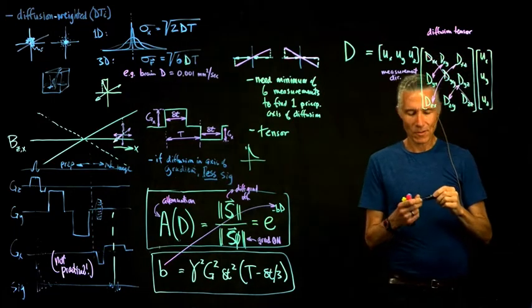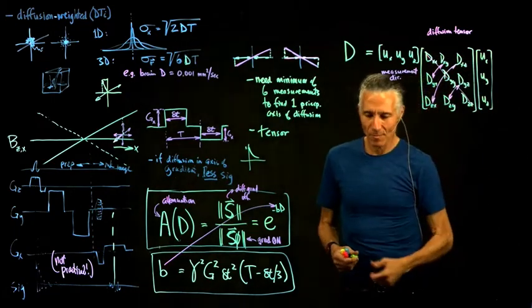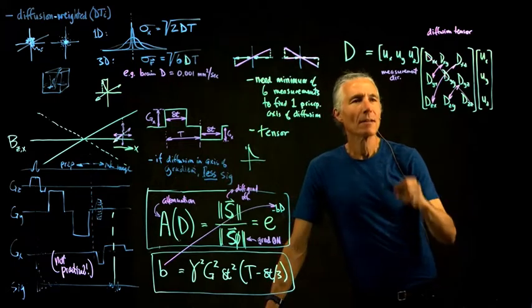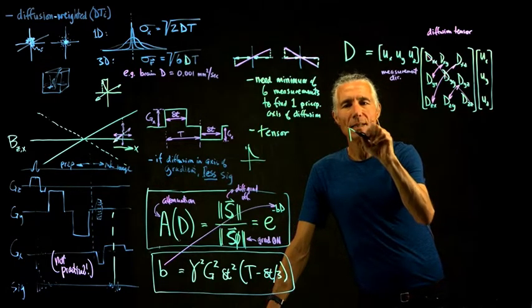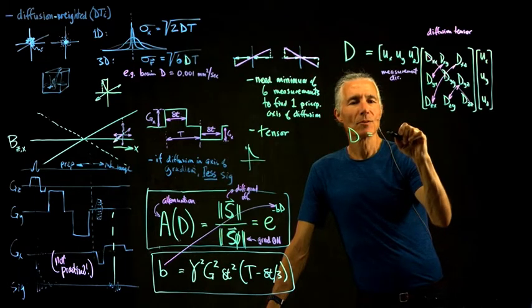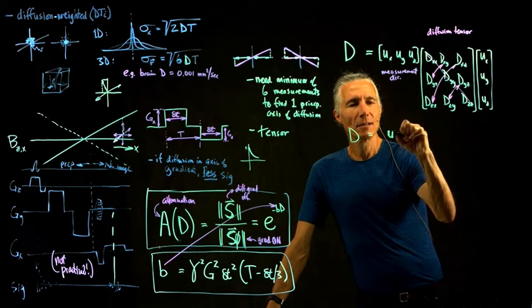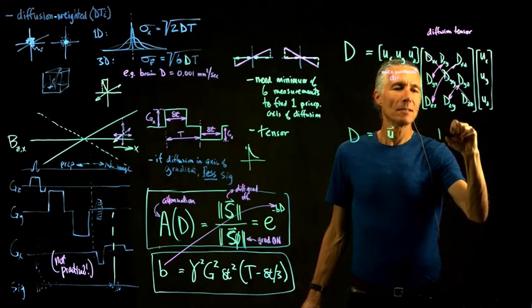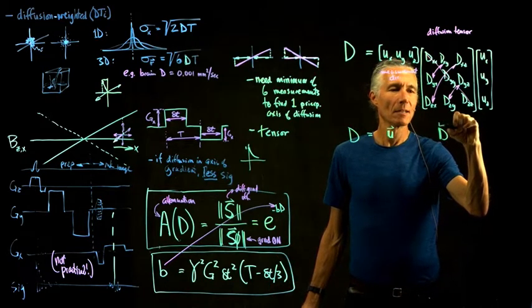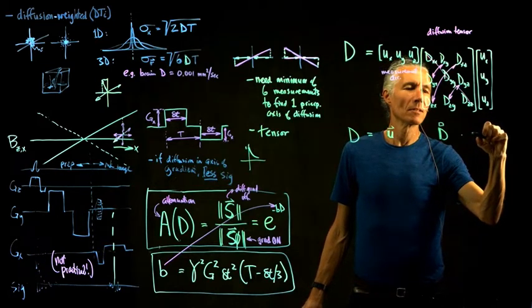So if we write this out more simply, what it says is, D number equals U vector times D matrix times U vector.